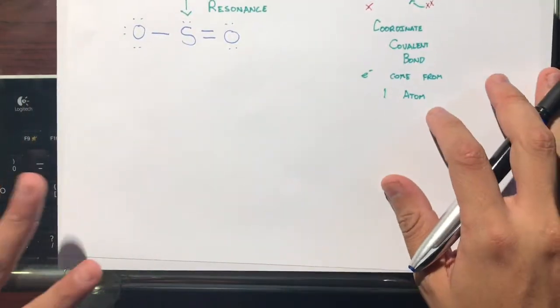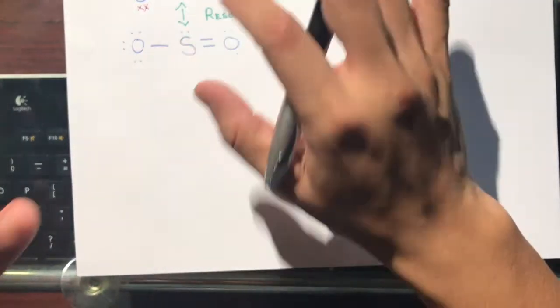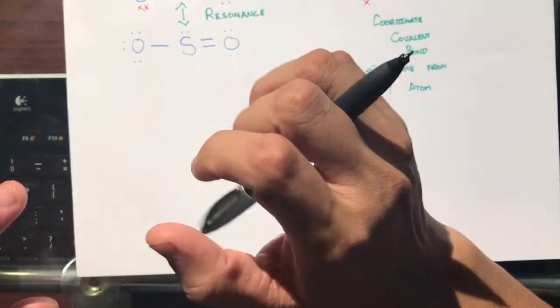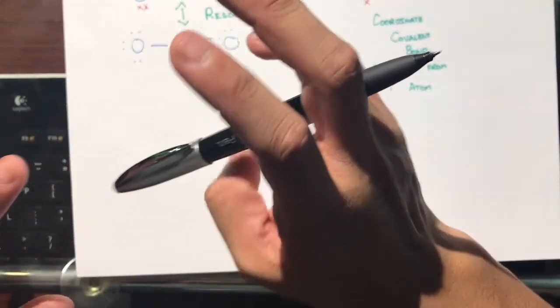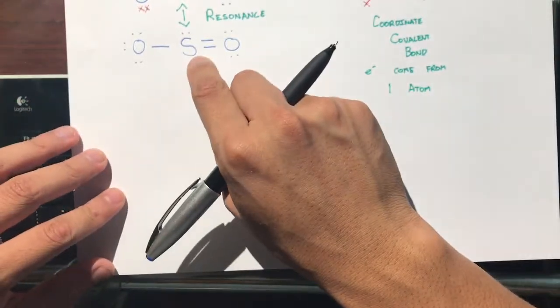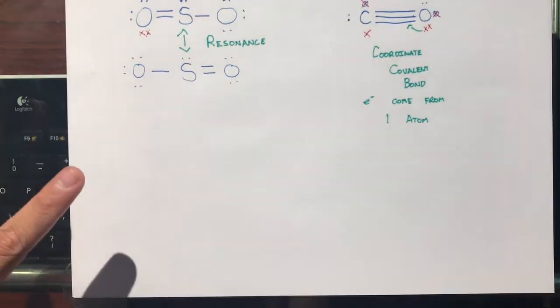Let's talk about some exceptions to the octet rule. Now, IB isn't going to ask this, but for a lot of your college classes, there are a lot of exceptions to the octet rule. For example, sulfur can have up to 12 electrons around it. Now, we won't get too much into it.